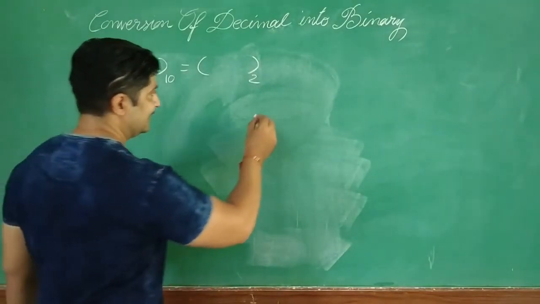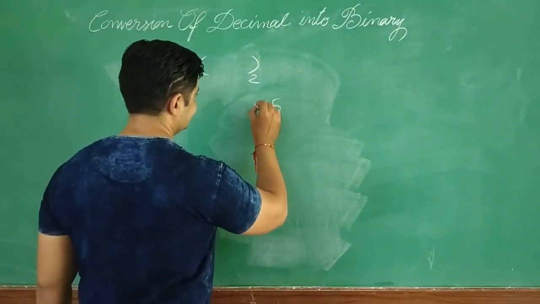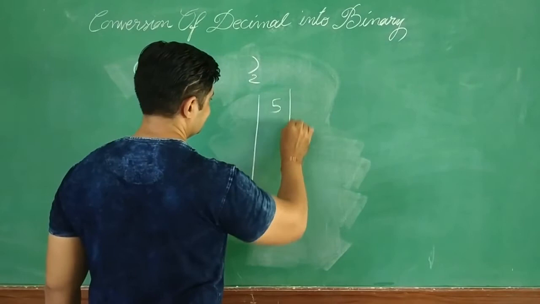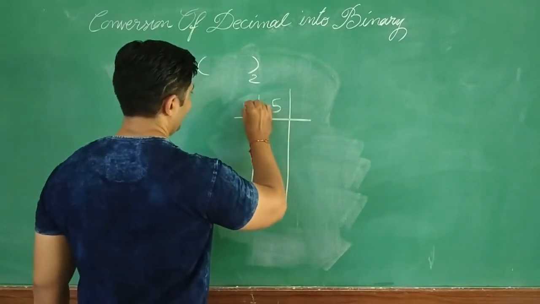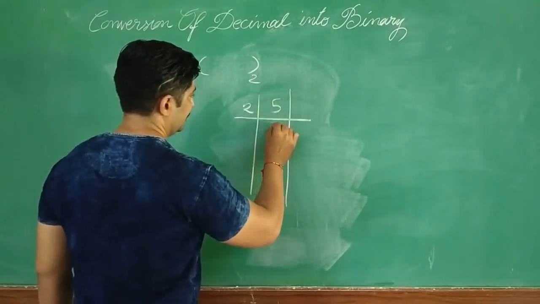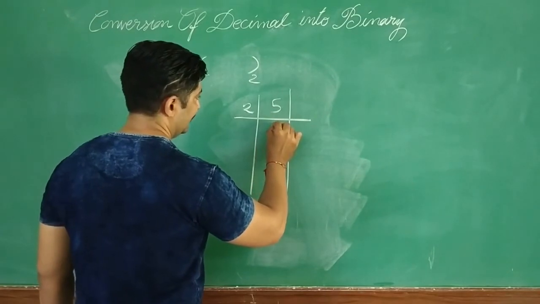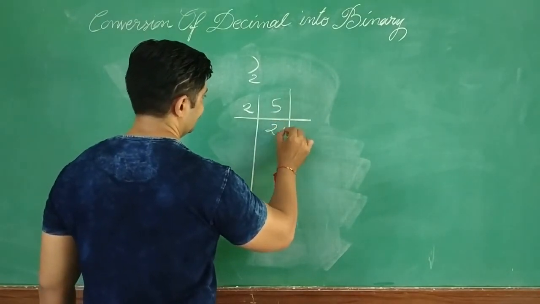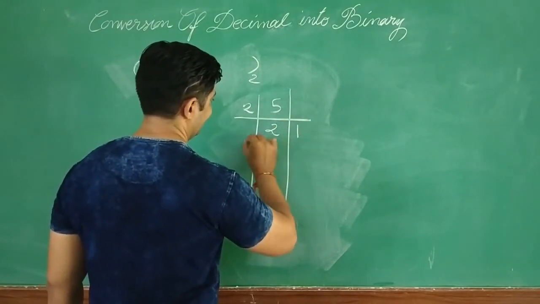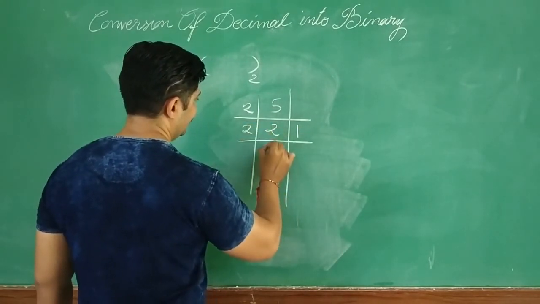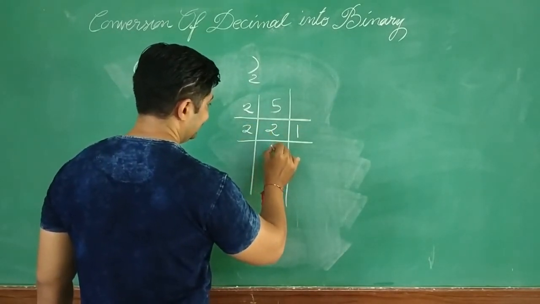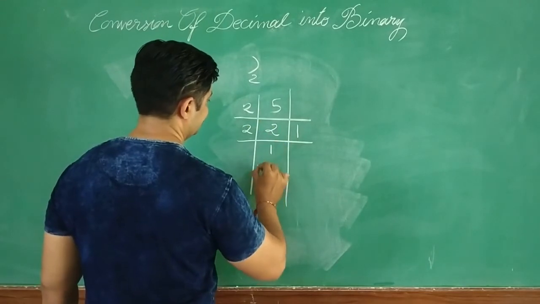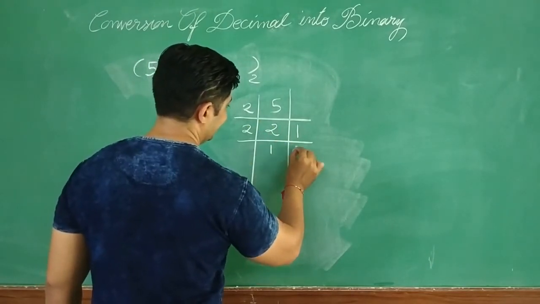So I will type 5 here. Two twos are 4, remainder is 1. 2 ones are 2, remainder is 0.